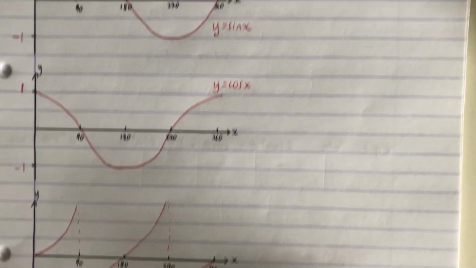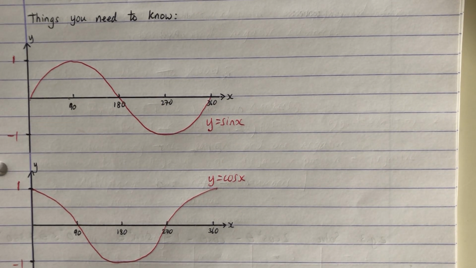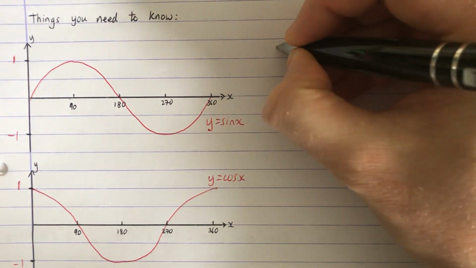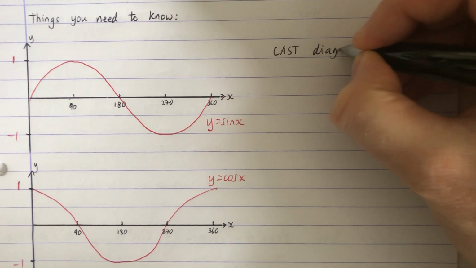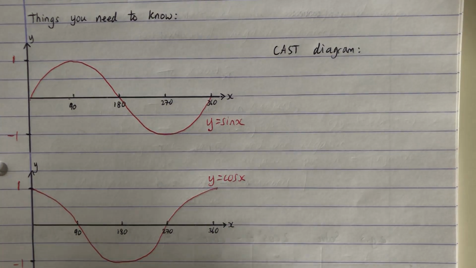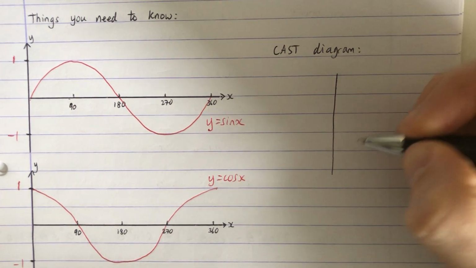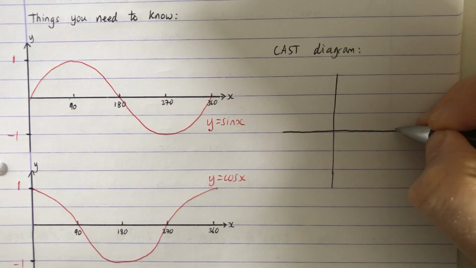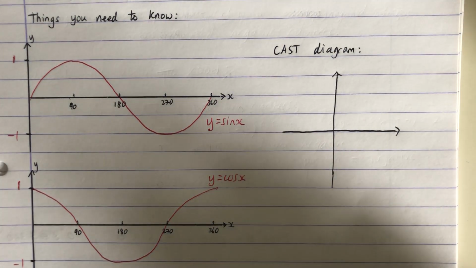Now, in addition to these sketches, you need to know the following diagram. If you look at any other revision for this, it's called a CAST diagram. And that just tells you when sin x, cos x, and tan x are positive or negative in the 4 different quadrants.